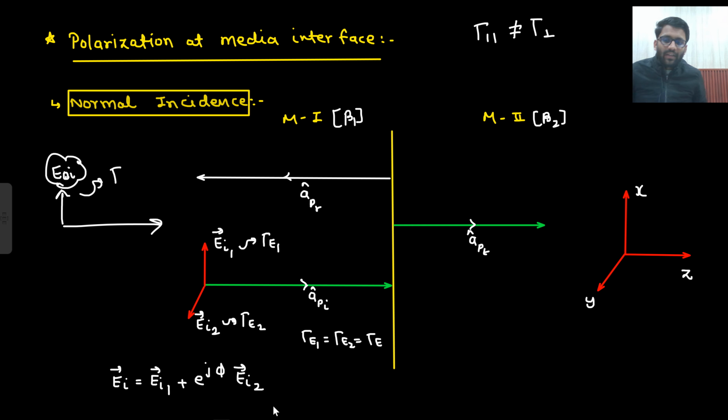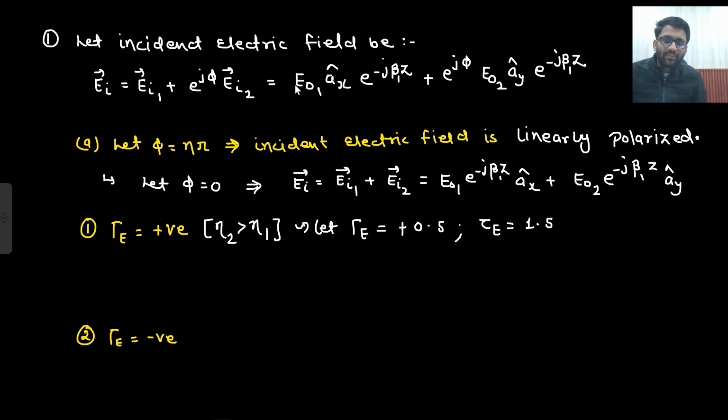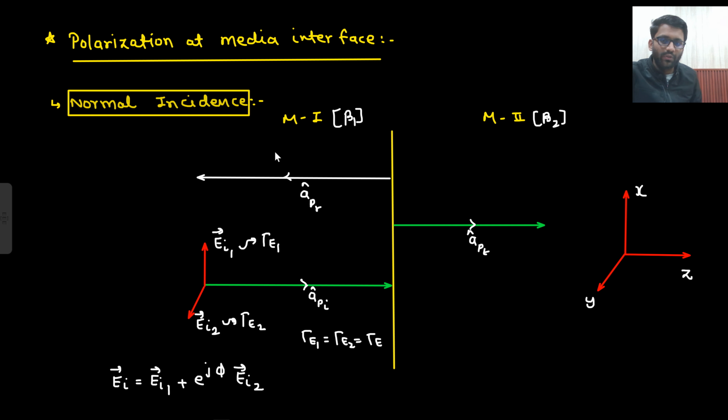So that means if my E naught 1 is being multiplied with 0.5, then my E naught 2 will also be multiplied with 0.5 only. So can I write down my reflected electric field? That would be multiplied by 0.5. Will there be any phase change? We are considering both media to be lossless.